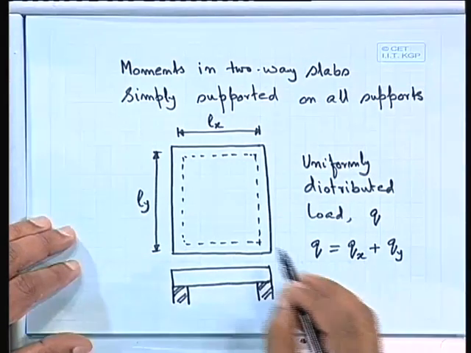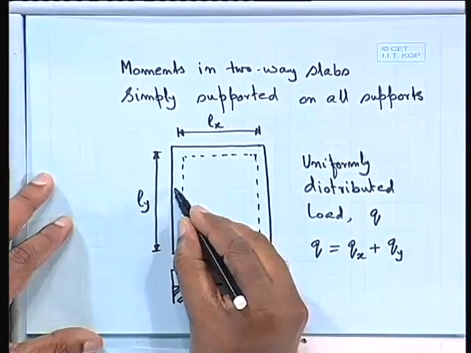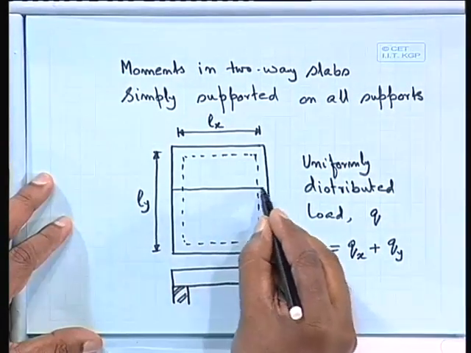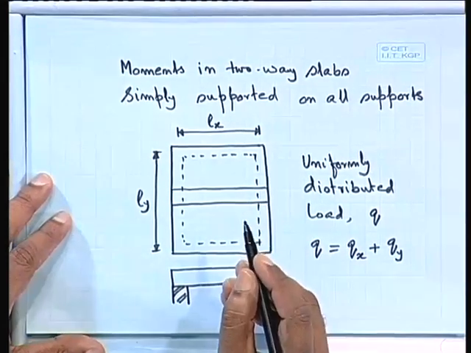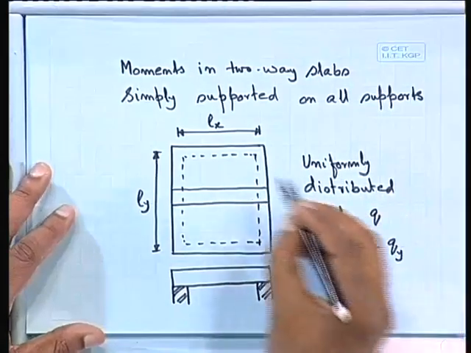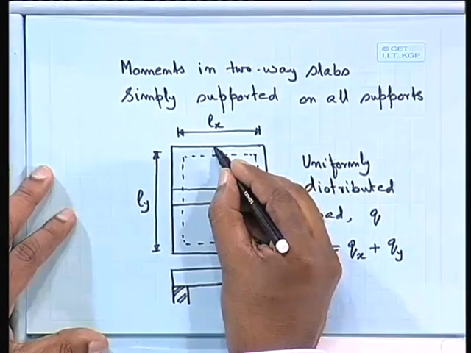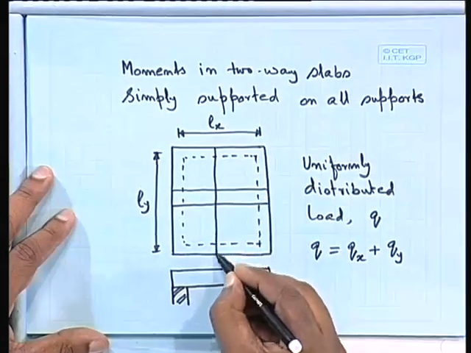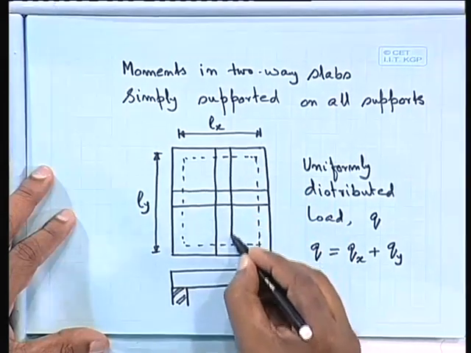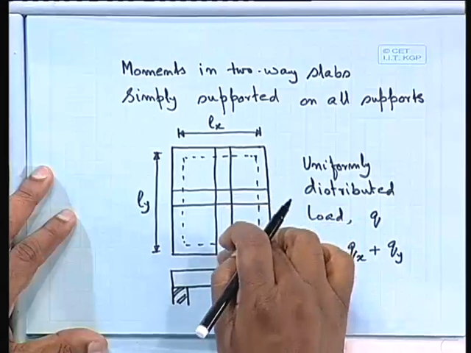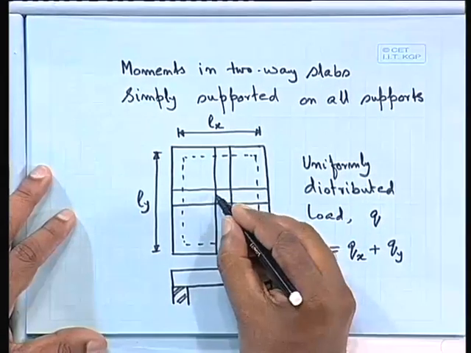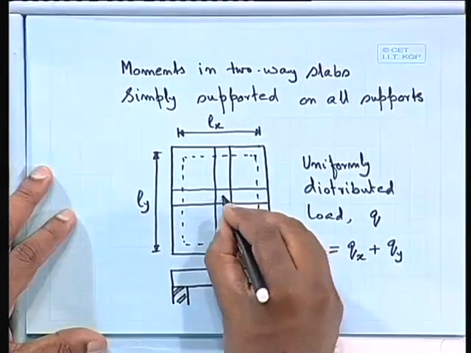For Qx, if I take a strip, so this is one strip, maybe 1 meter width, the other one let us take along the y. So, this one will bend, the other one also will bend. Now, we can find out the vertical deflection at this point.